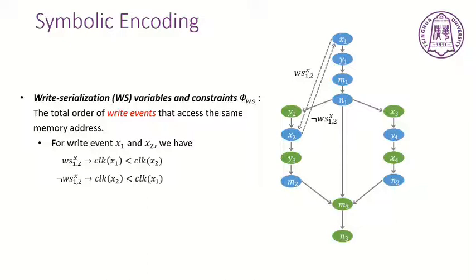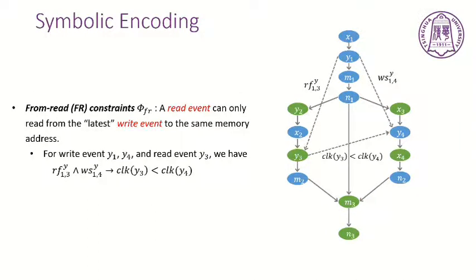Either x1 is overwritten by x2 or x2 is overwritten by x1. So we have two WS constraints, from x1 to x2 and from x2 to x1. Also, we use a WS variable to indicate that a WS constraint holds. So for two write events of the same variable x, there must be one that overwrites the other.